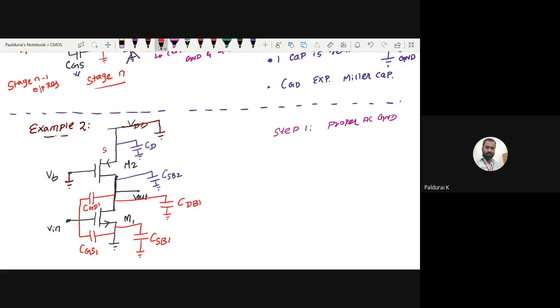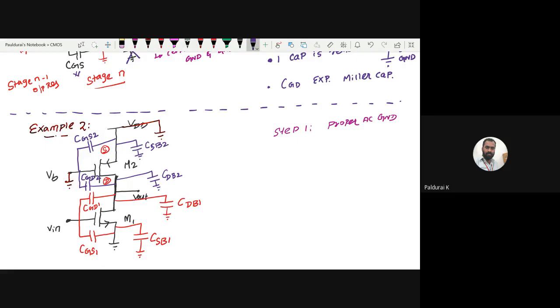This is my source, this is my drain, right? Since it is PMOS, this is my drain to bulk, and this is my source to bulk of 2, and here one capacitor, this is called gate to source of 2, and here gate to drain of 2. Hope this is clear, right?